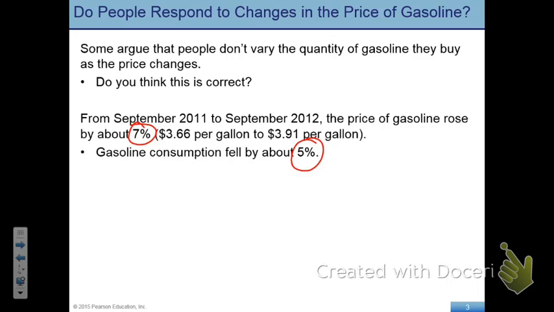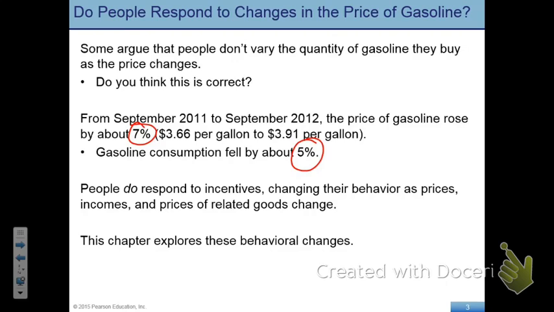Okay, so to begin with, this is the kind of information that you regularly see in the market. The motivation behind this number is that people do respond to incentives. In order to sell more, you really need to offer a price cut. Or sometimes when you offer a price hike, when you raise the price, you're going to see something like what is happening here.